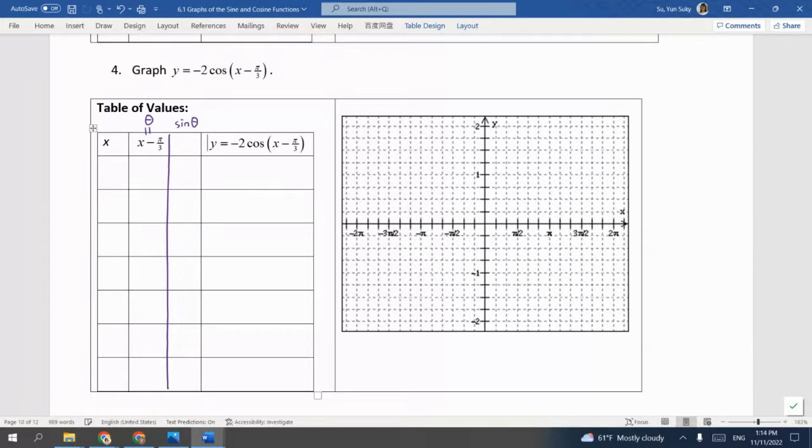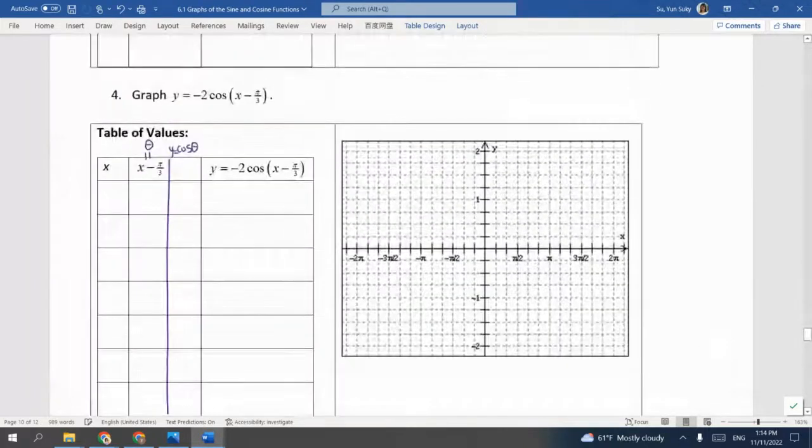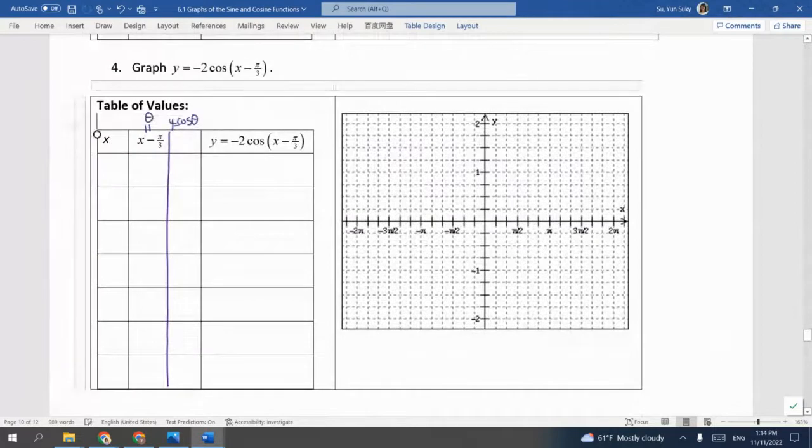Our function is cosine, so here we put cosine theta. So this is problem 4 on page 10. Cosine theta means cosine of x minus pi over 3. So this is how you change your table.